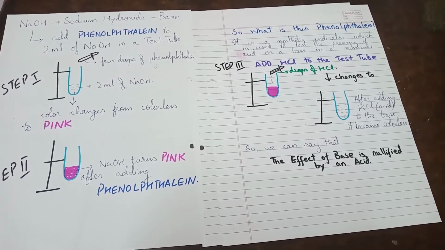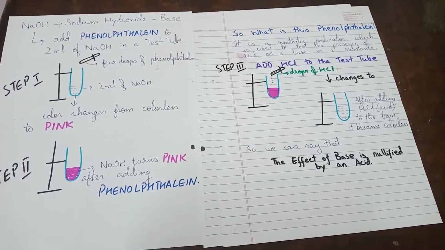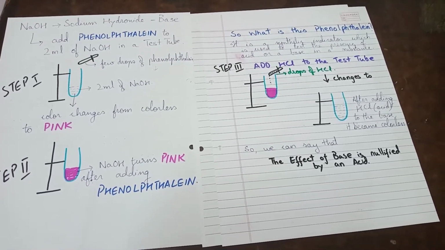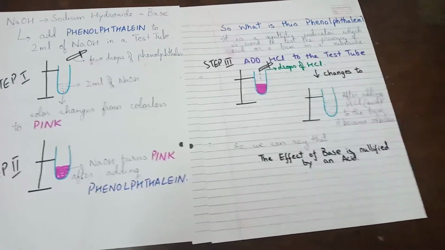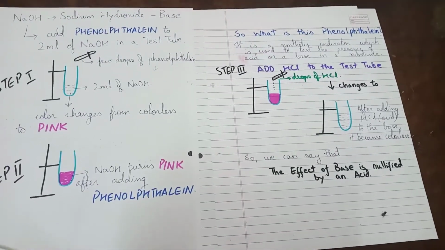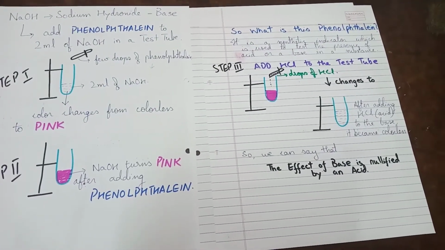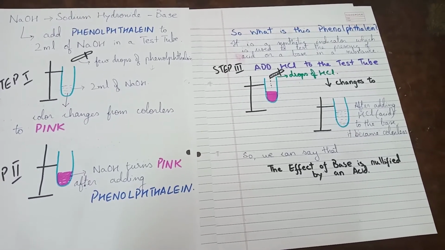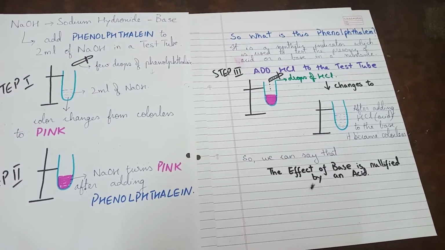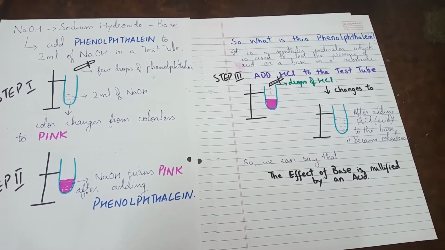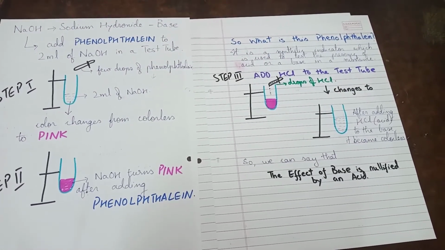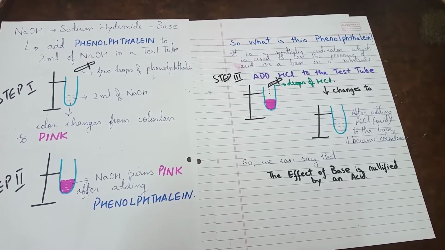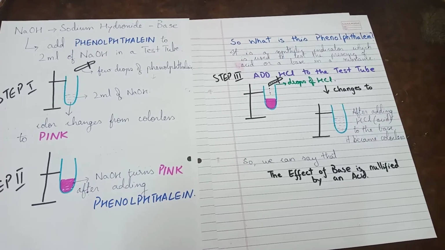Coming to step 3, you add HCl to the test tube. Since it changed to pink color, again add a few drops of acid. HCl is an acid, so again it changes to colorless. First it was colorless when it had 2 ml of NaOH, then it changed to pink after adding phenolphthalein, and again after adding acid to the test tube, it changes to colorless.